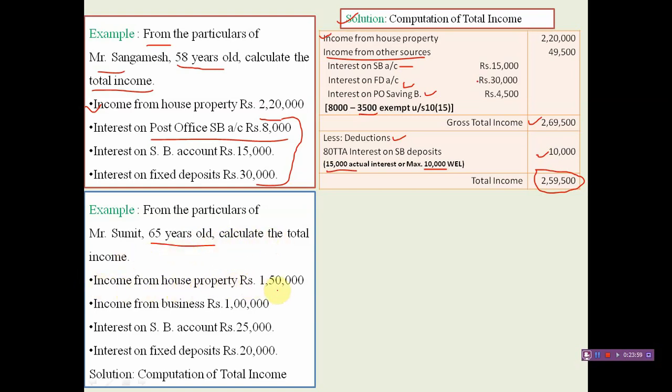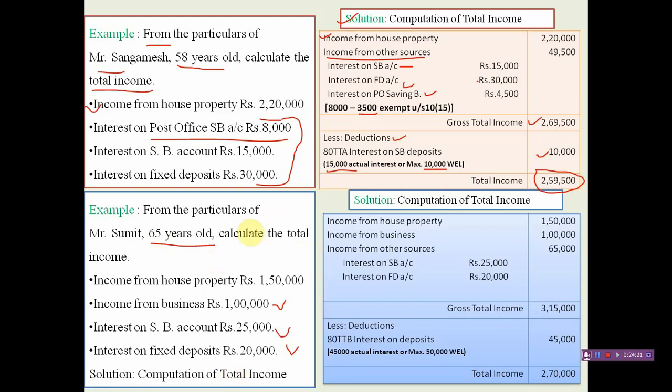Income from house property 1,50,000. He has an income from business rupees 1 lakh. Interest on SB account 25,000, and interest on fixed deposit rupees 20,000. Compute the total income.